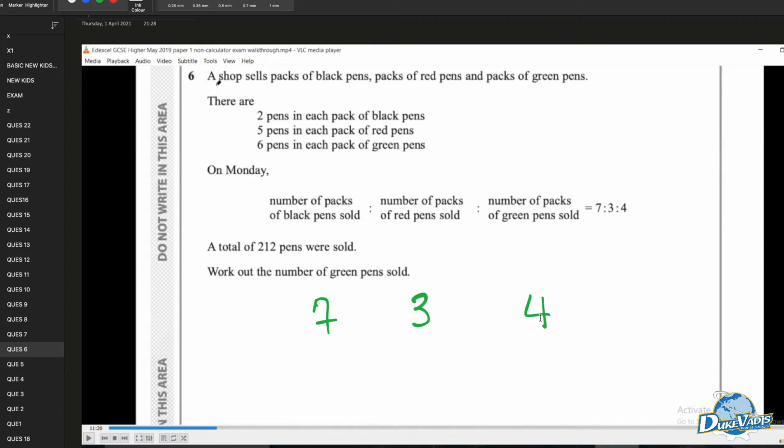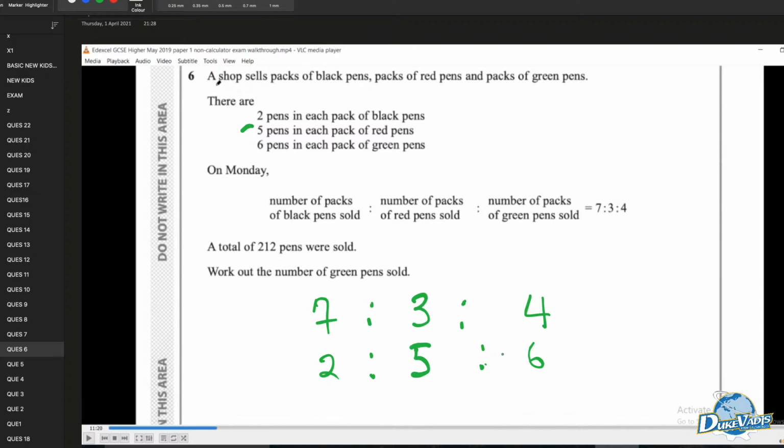We were also given 2 pens, 5 pens, and 6 pens. 2 pens in each pack of black, so that is 2. There are 5 pens in each pack of red pens, so that is 5 over here. And for the last bit, we're given 6 pens in each pack of green, so that corresponds to that.